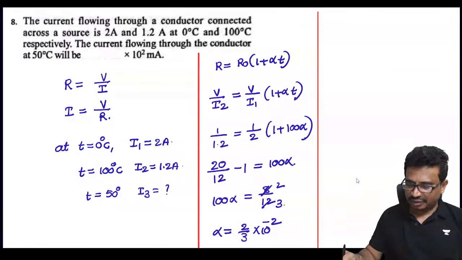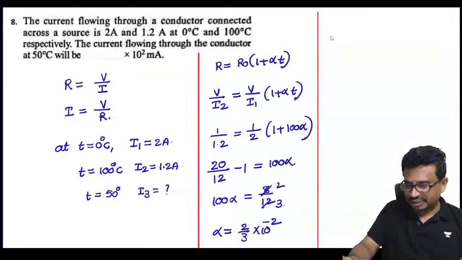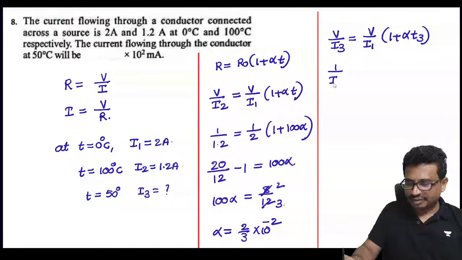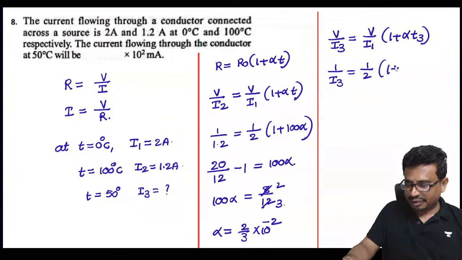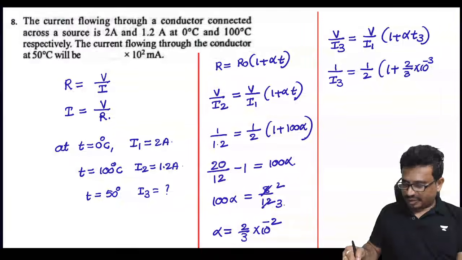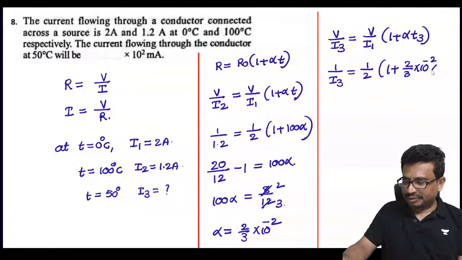Now I will use this alpha in the other equation. V by I3 is equal to V by I1 into 1 plus alpha into temperature T3, that is 50. So 1 by I3 equals 1 by 2 into 1 plus 2 by 3 into 10 power minus 2 into 50.